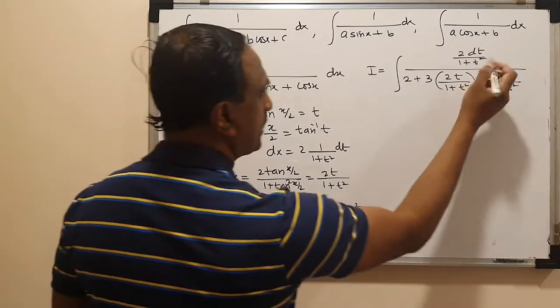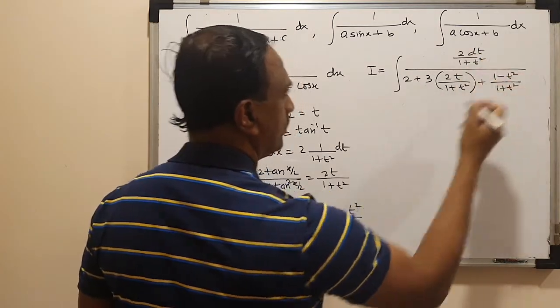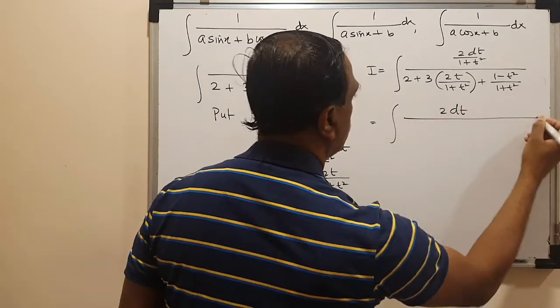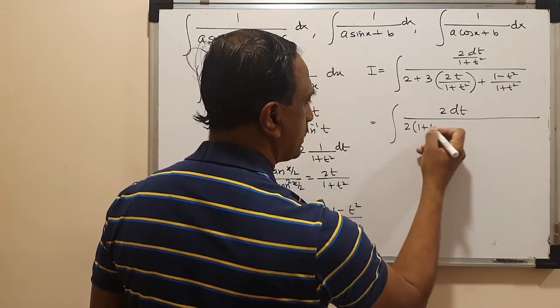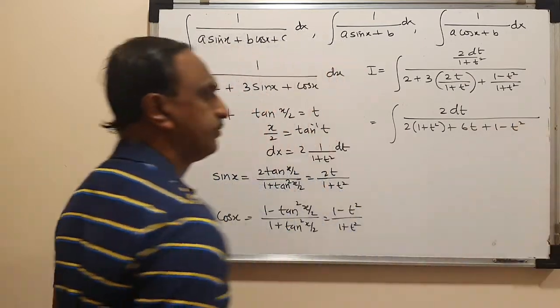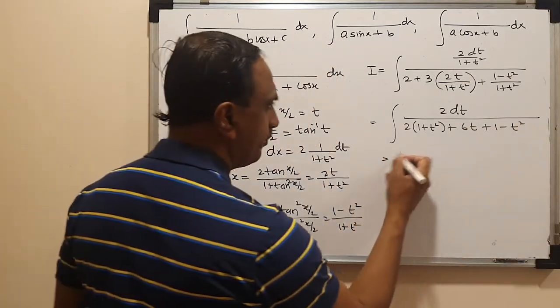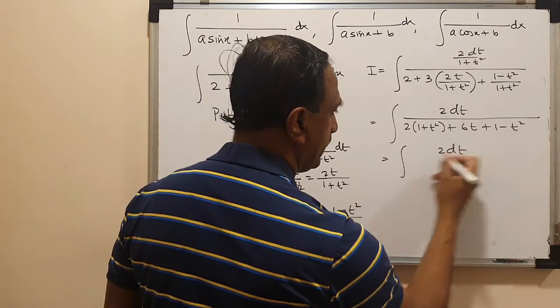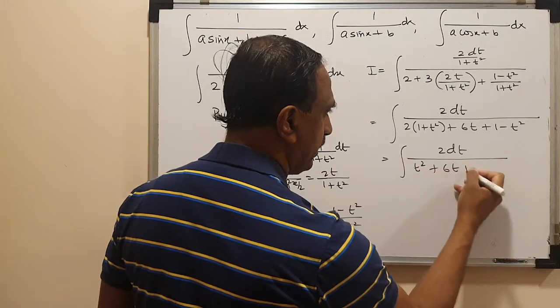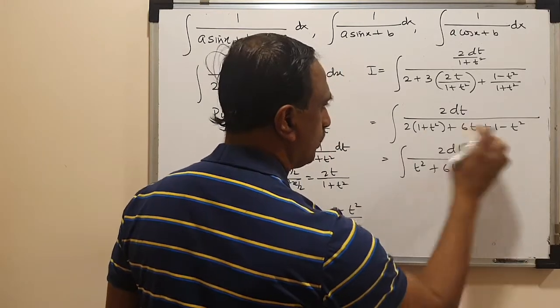So 1 plus t square will get cancelled. So you will be getting 2 dt upon 2 into 1 plus t square plus 6t plus 1 minus t square. So this will become 2 dt upon t square plus 6t plus 3, since 2 plus 1 is 3.